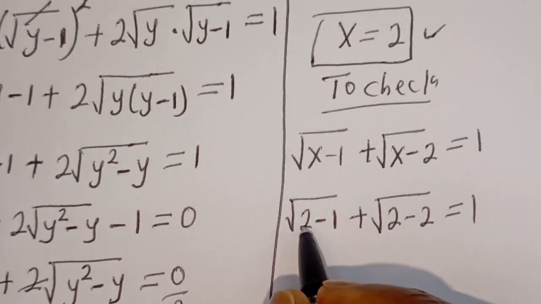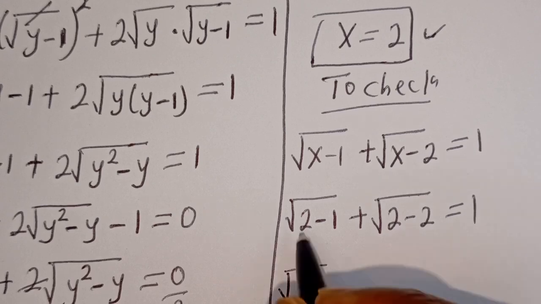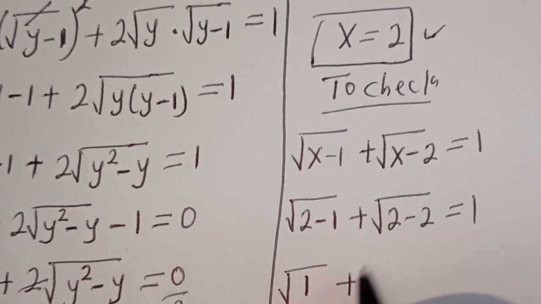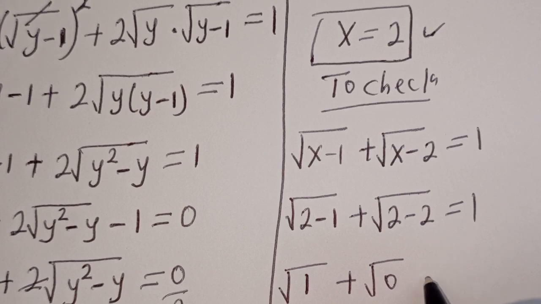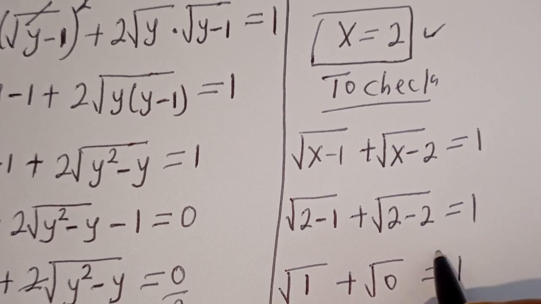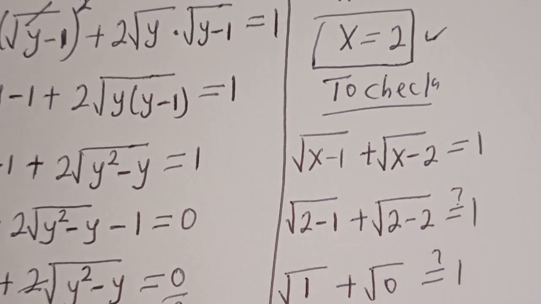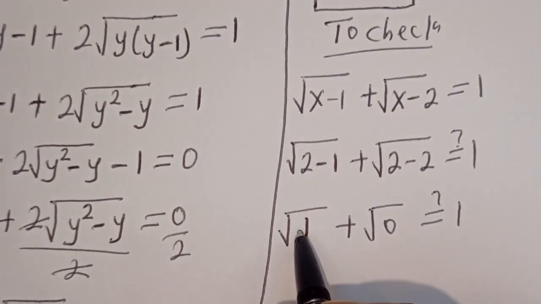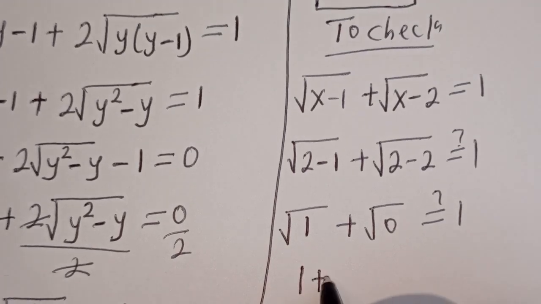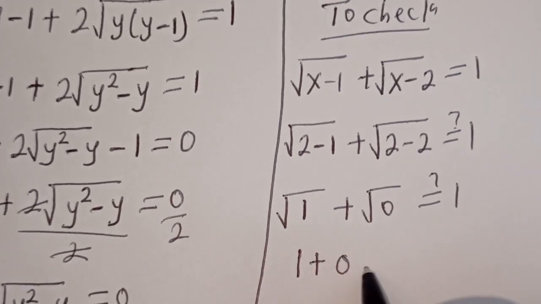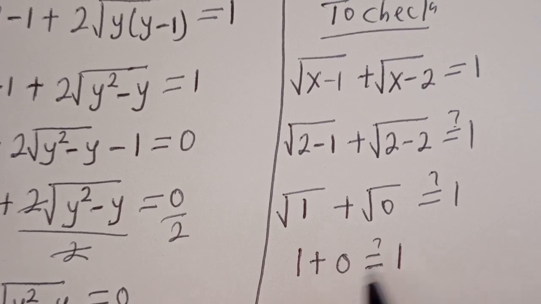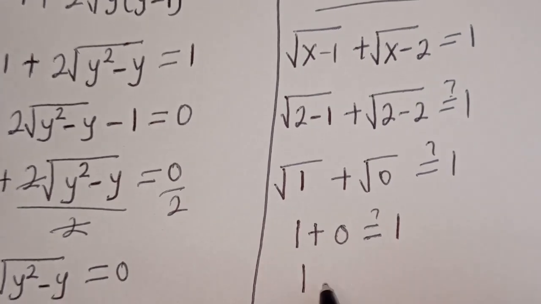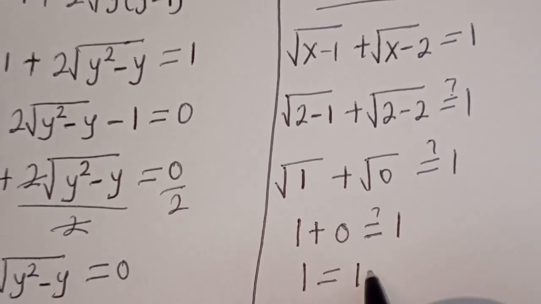Then square root of 2 minus 1, this is 1, plus square root of 2 minus 2, that is 0, must be equal to 1. Here square root of 1, this is 1, plus square root of 0, 0. 1 plus 0, that is 1, is equal to 1, which is true.